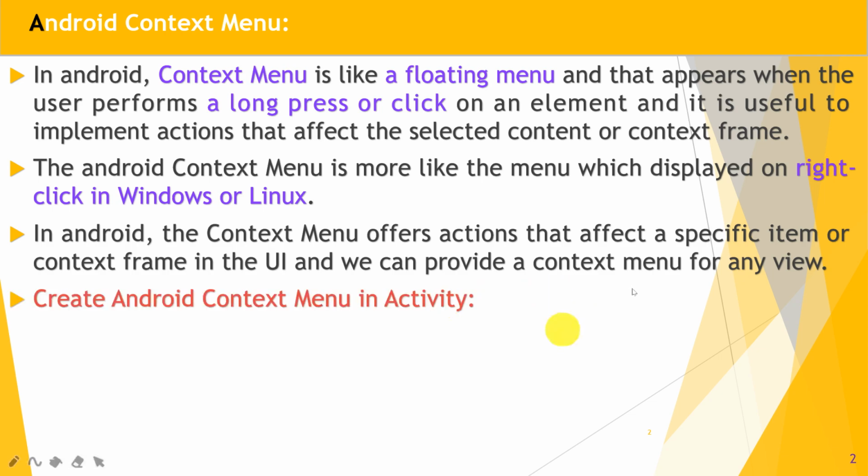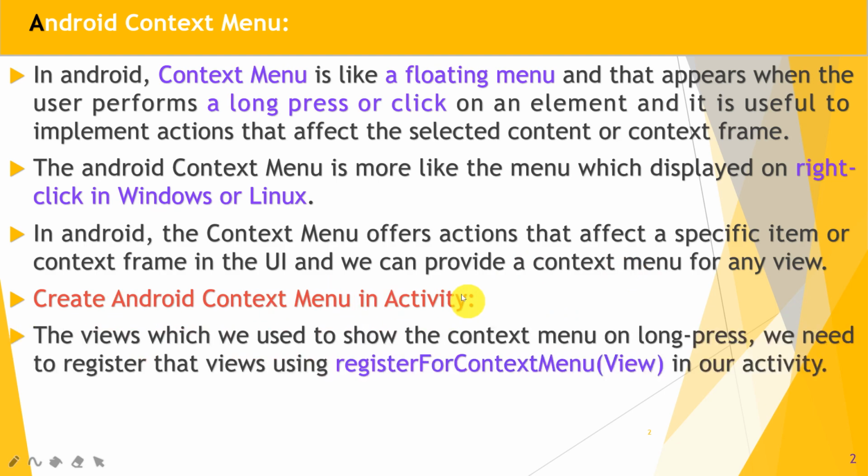So let's see how to create an Android context menu in an activity. The views which we use to show the context menu on long press, we need to register using registerForContextMenu and pass that particular view in our activity.